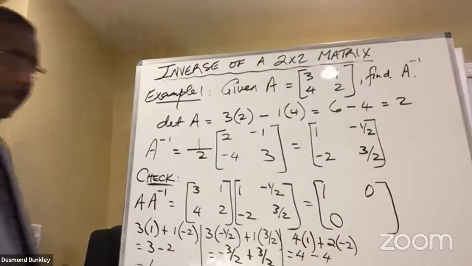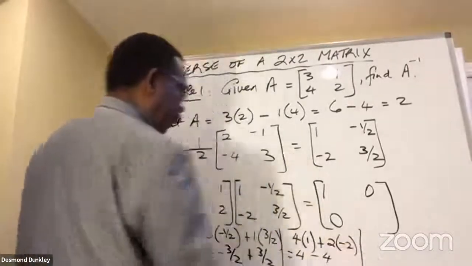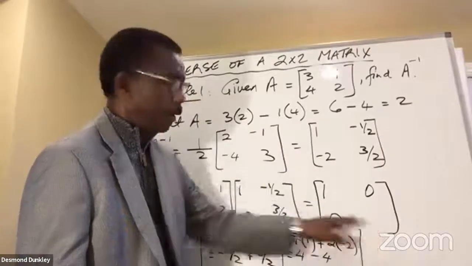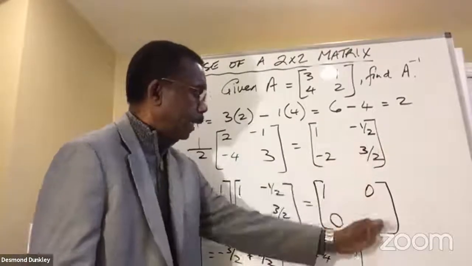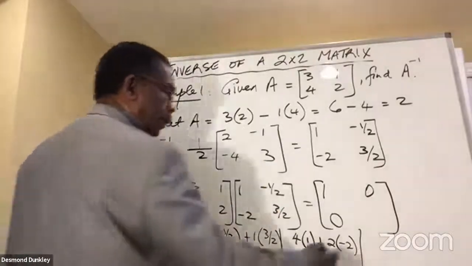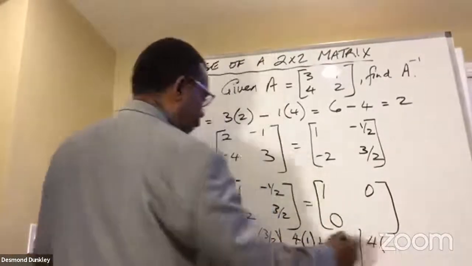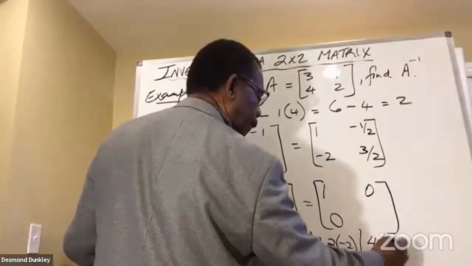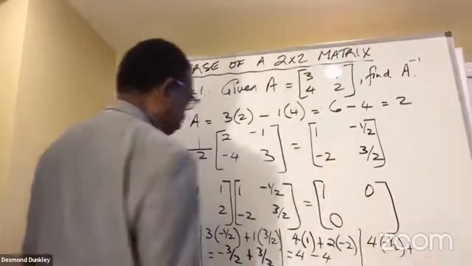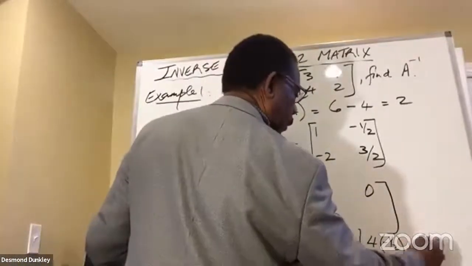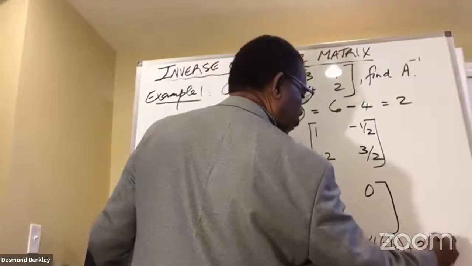And then finally, we end up with the second row, second column. So it's going to be 4 times negative a half plus 2 times 3/2.